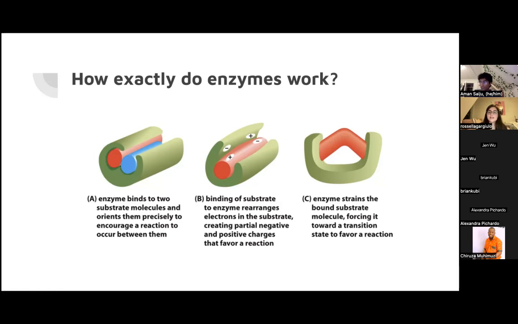And the last one is that the enzyme strains the substrate and forces it into its transition state faster than it would go without the enzyme. And that ends up causing the reaction.